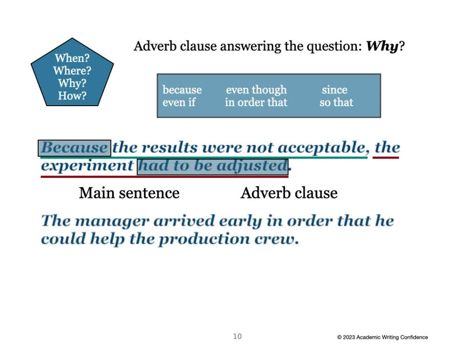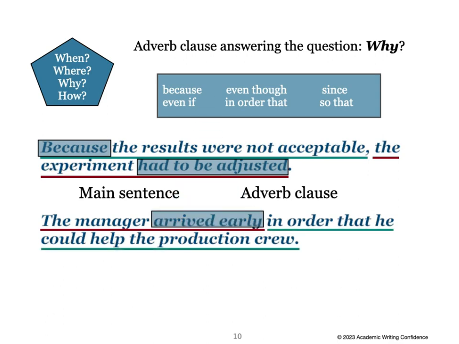The manager arrived early in order that he could help the production crew. The manager arrived early is the main sentence. And why did the manager arrive early? In order that he could help the production crew. The words in order that are the adverbs here.